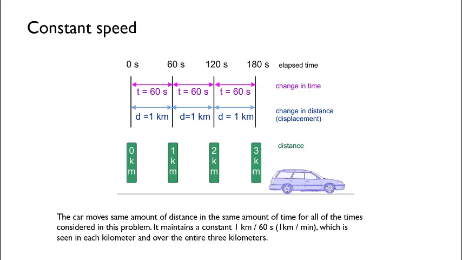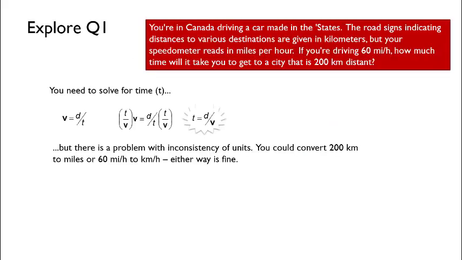We can break it down into the individual kilometer intervals, 1 kilometer per each interval. And we find that at each interval, we have traveled 60 seconds. This means that we're having a constant speed of 1 kilometer per minute. Let's take this out for a trial run.